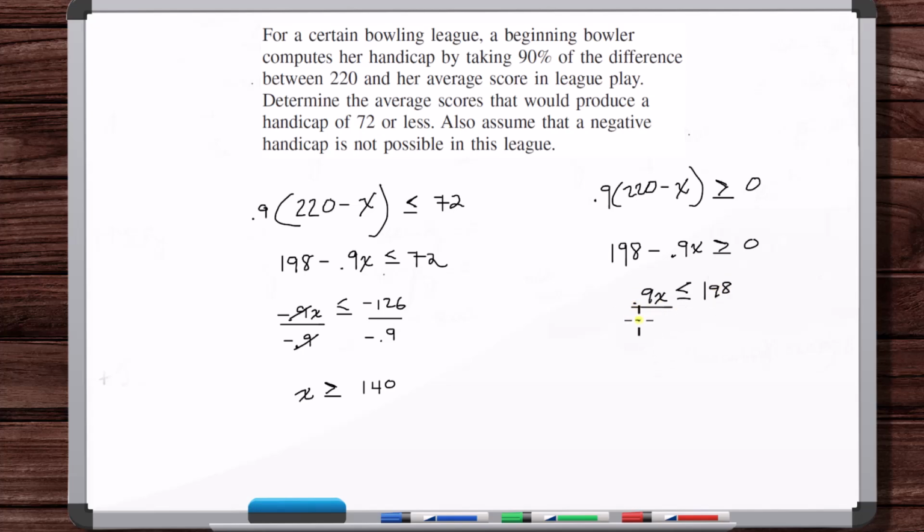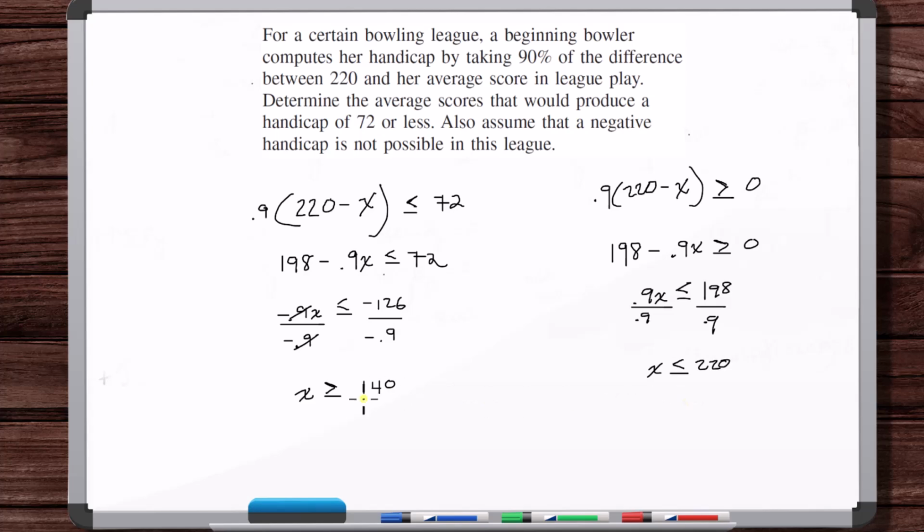And this makes sense because if you bowl a 220 as your average score, then your handicap is 0. You have no handicap, right? The worse your average score is, the larger your handicap.